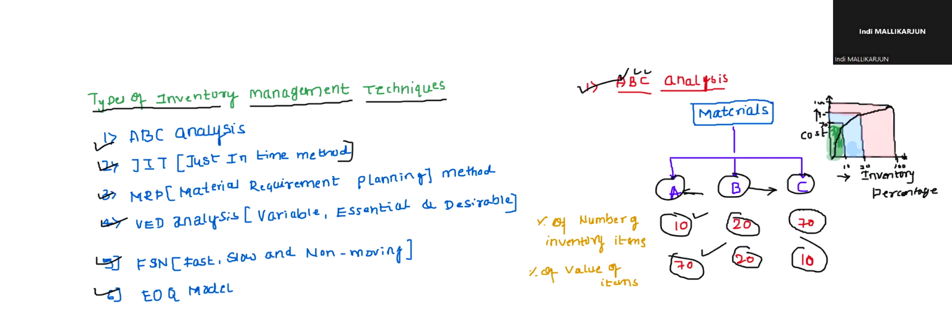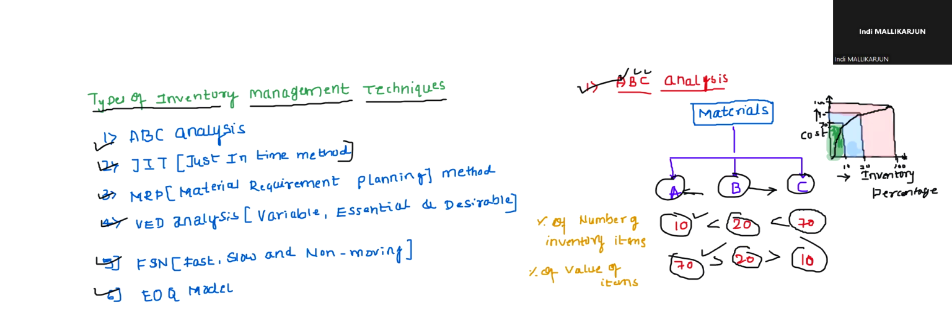For category C, the percentage of number of inventory items is more, right? But the value of these items is less. It will be like this. So we categorize these materials into A, B, C groups. I think you now know what is ABC analysis.